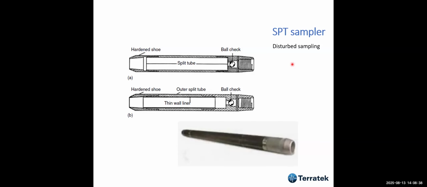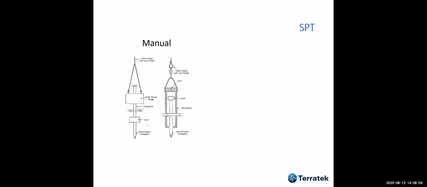So what we get with this kind of test is the number of blows to drive the sampler, which is the N value, which I'm going to address, and we get remolded samples. So no undisturbed samples with this equipment.